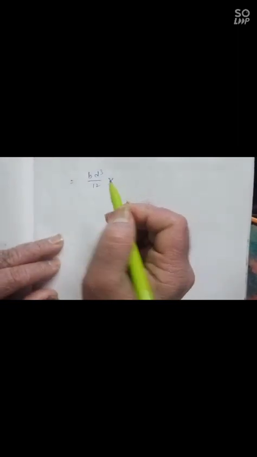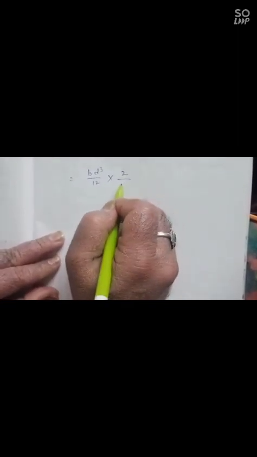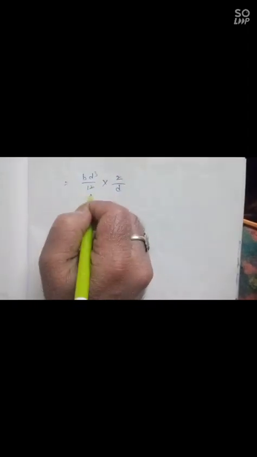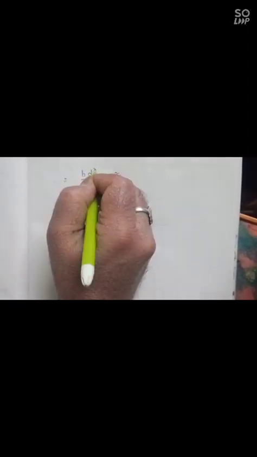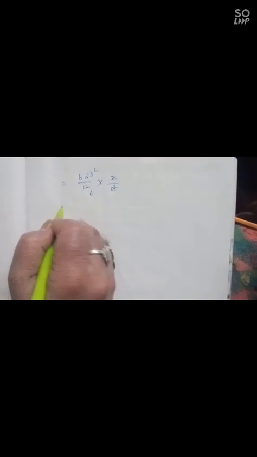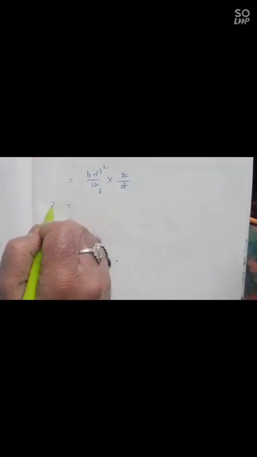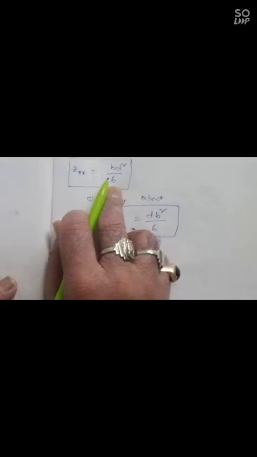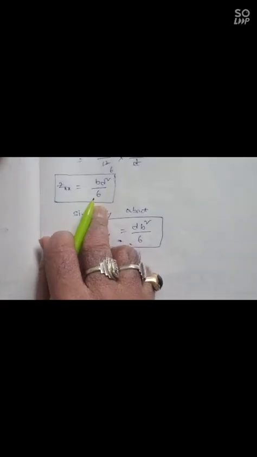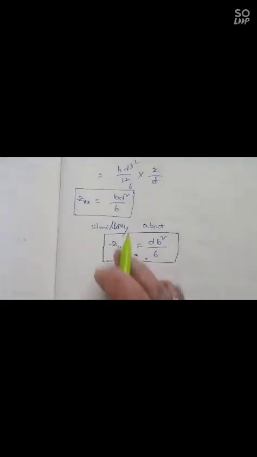Equal to b d cube by 12 into 2 by d, so 6. So Zxx equal to bd square by 6.